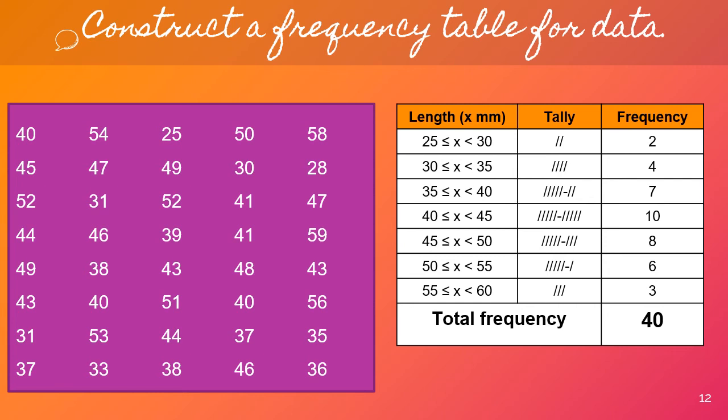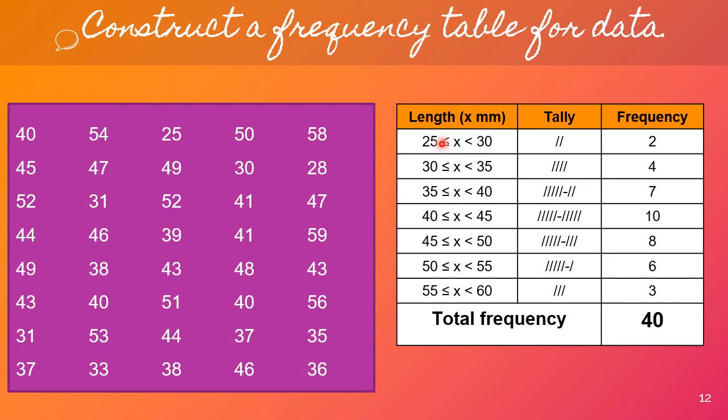Next, equal or greater than 35 but less than 40. Then next, greater than or equal to 40 but less than 45. Next, greater than or equal to 45 but less than 50. Next, equal or greater than 50 but less than 55. And the last group is greater than or equal to 55 but less than 60.